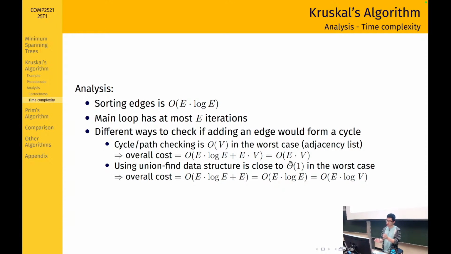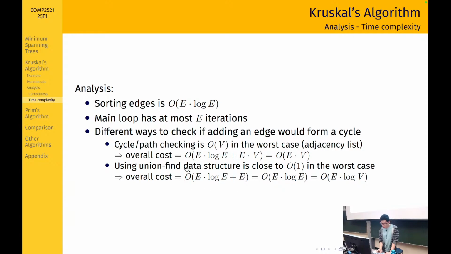It's not exactly O(1) technically, but it's a time complexity which relies on something called the inverse Ackermann function. The Ackermann function is a function that grows really, really quickly. You can look it up online. Therefore, the inverse Ackermann function grows really, really slowly, so slowly that it could be considered effectively constant, O(1).